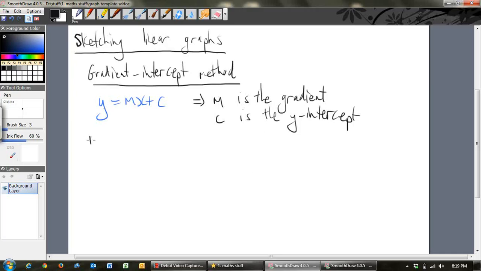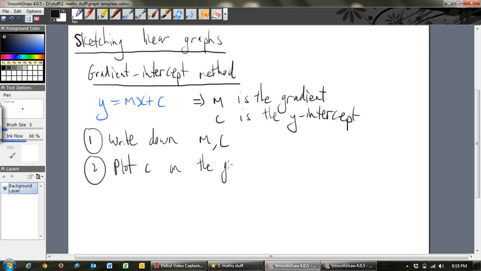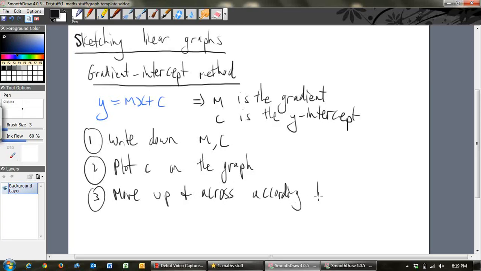So basically the steps are, firstly, write down m and c. Make sure you know them. Then I would plot c on the graph. From there, I would move up and across according to m, which, remember, is rise over run.